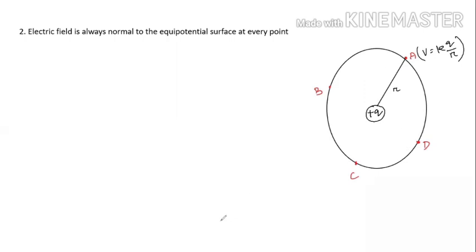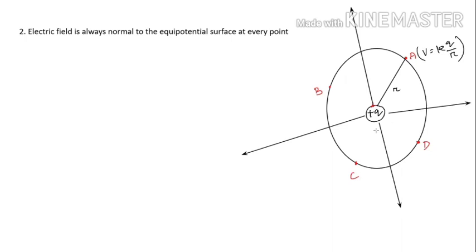Now, if I want to know the direction of the electric field, because this is my plus Q, which is located in a certain region, and he is behaving like a source, obviously he is going to generate a certain electric field. So we have studied in chapter 1 what the direction of the field of such a positive charge should be. So you will always have a radially outward electric field.